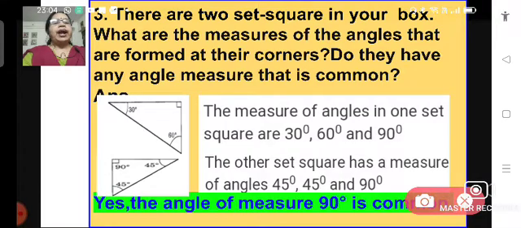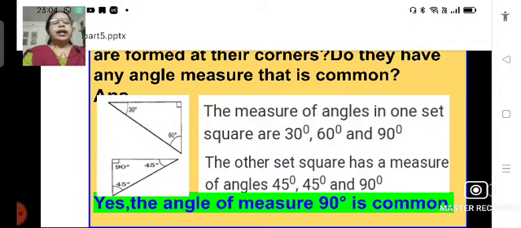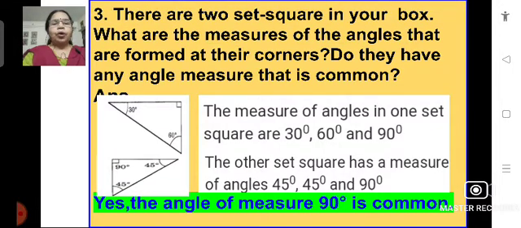The measures of angles in one set square, which is the bigger one, are 30 degrees, 60 degrees and 90 degrees. And the smaller set square has angles of 45 degrees, 45 degrees and 90 degrees. And which one is common among them? The 90 degree angle is common among these two set squares.